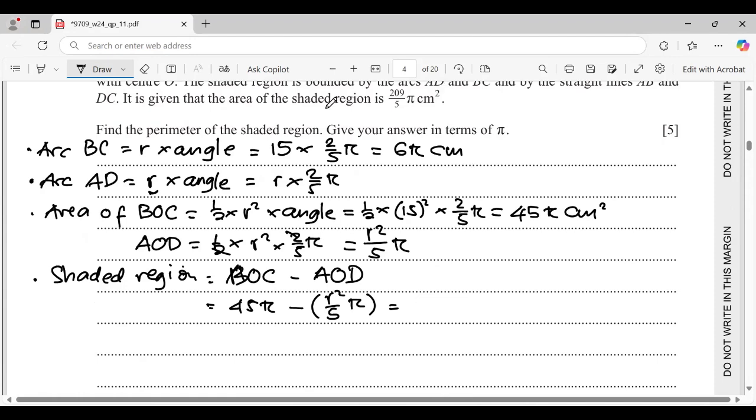According to the information, the shaded region is 209/5 pi, multiplied by 5, and it is 225 pi minus R squared pi equals 209 pi.